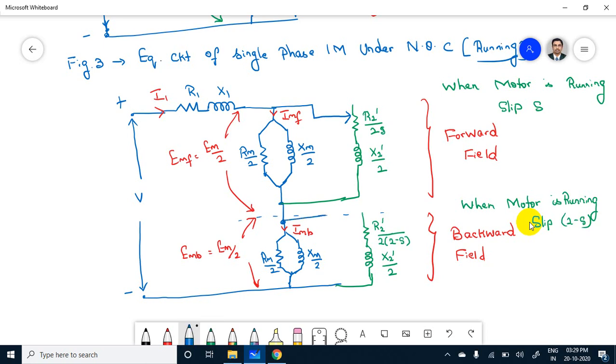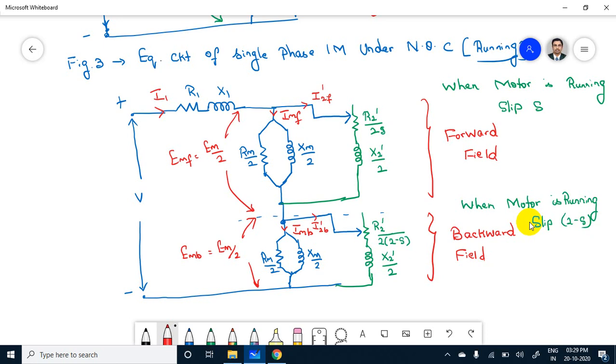And the variation here is in resistance. Okay, the variation here is in resistance. The current flowing here is I2 dash, since it is applicable for forward, I2F dash, like that here also I2 dash suffix B. Okay, backward.